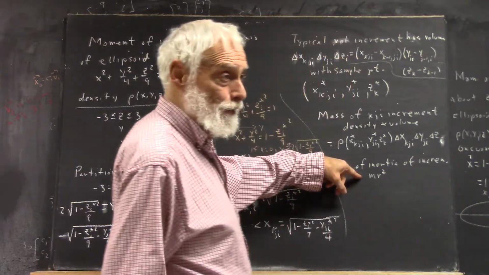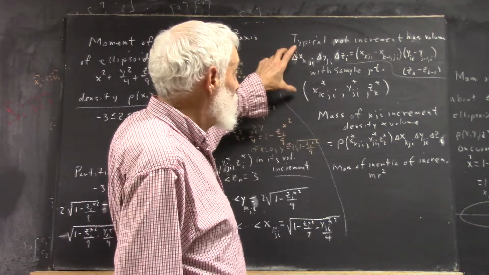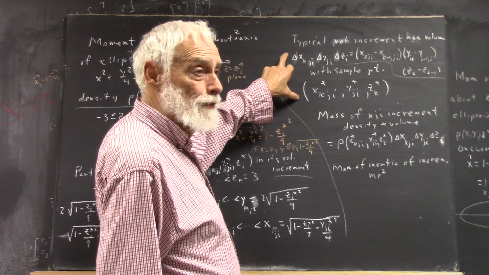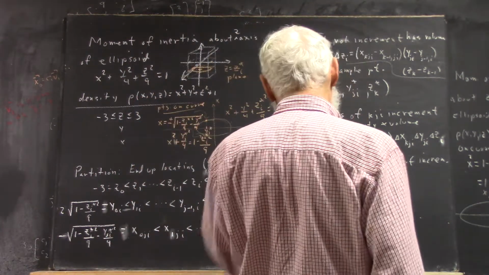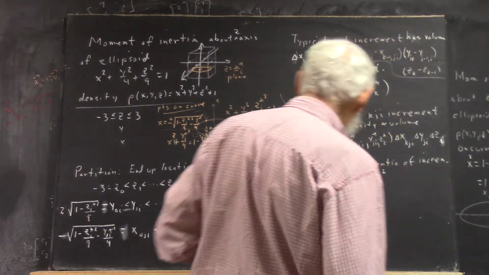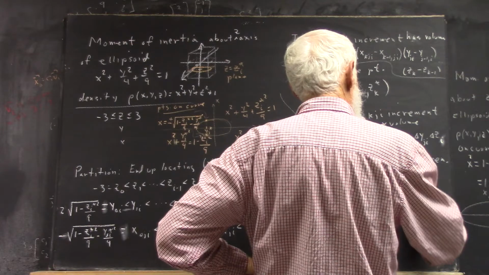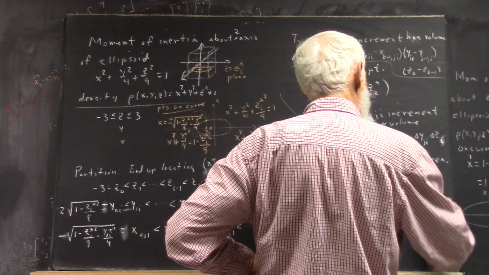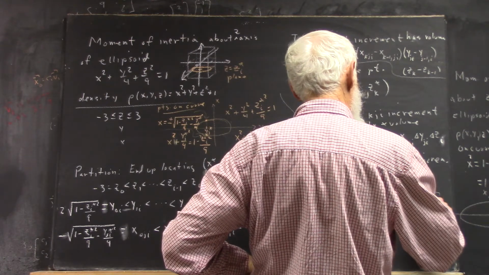You just need to know that the moment of inertia of a particle is mr squared, and we're treating the mass in this increment as a massive particle, right? Okay, so we've got mr squared, and we can draw a little picture here. We've got x, y, and z, and we've got some point out here.